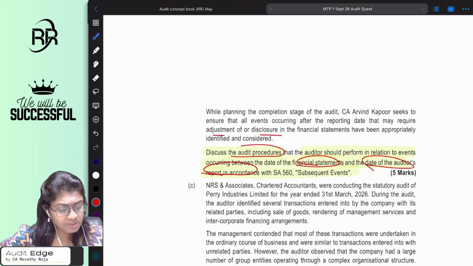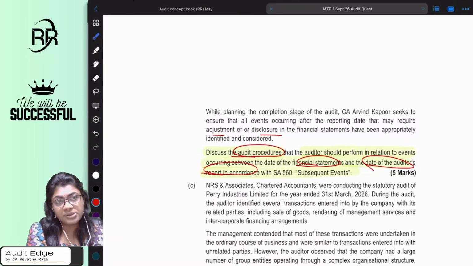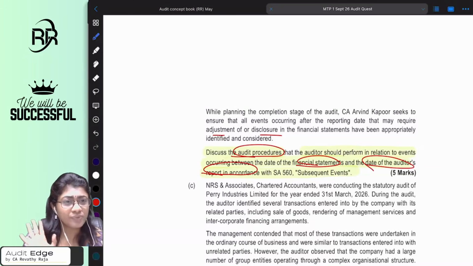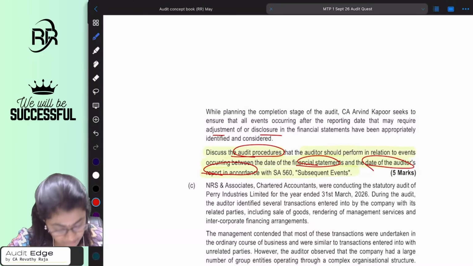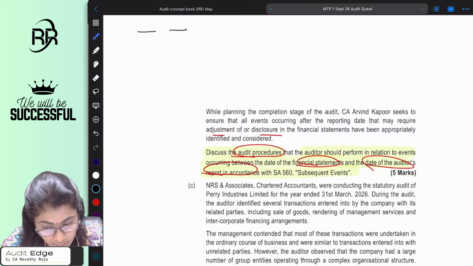So here you have to explain the audit procedures. See, there are 5 procedures: inquiring the management, reading the minutes book, obtaining the written representation, understanding what procedures management has done to identify the subsequent events. Those procedures you have to write. But how to go about it? Let's present. So put a heading: subsequent events.